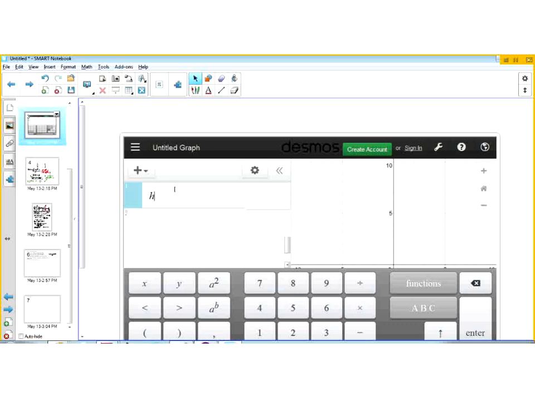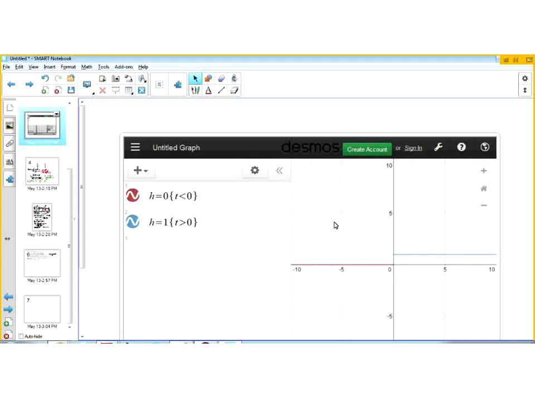So we say h is equal to 0 if t is less than 0, right? And h is equal to 1 for t greater than or equal to 0. Okay, so this is a piecewise defined function, and let's look at it.